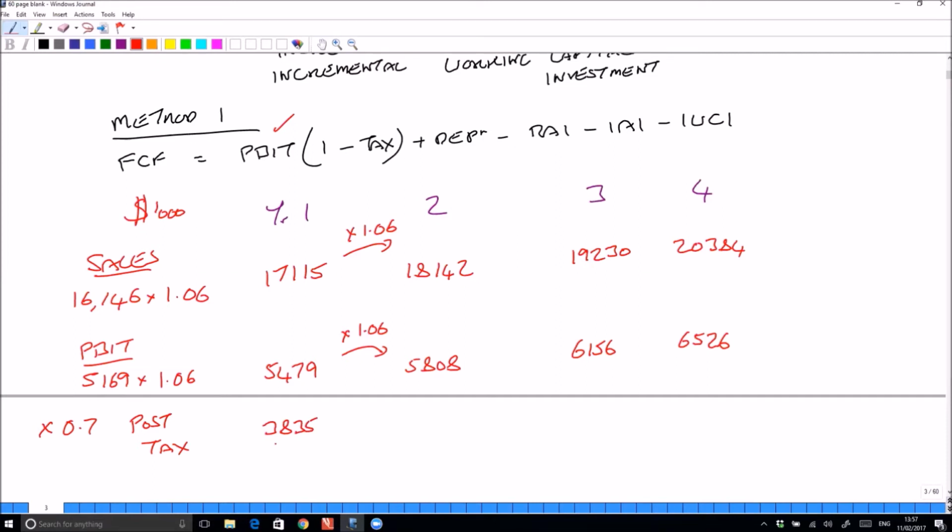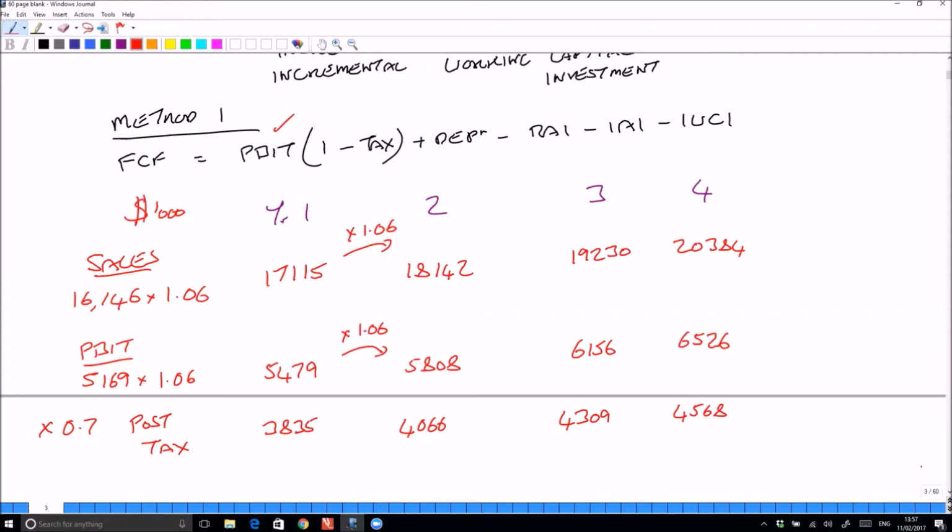The 5808 will become what? 4066. The 6156 will become how much? 4309. And the 6526 is 4568. And here we've saved a bit of time, haven't we?